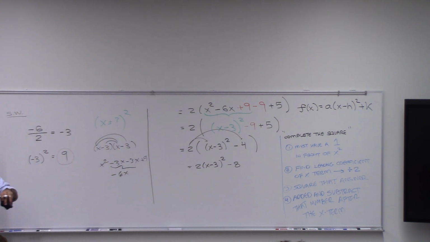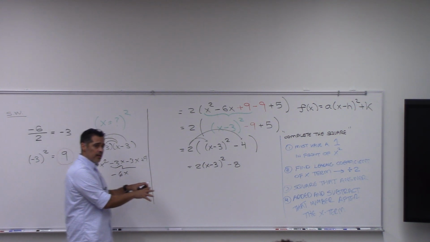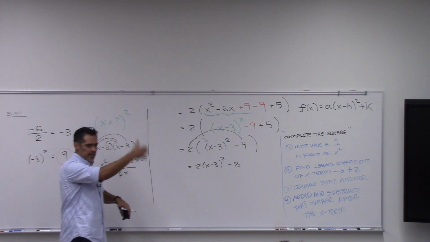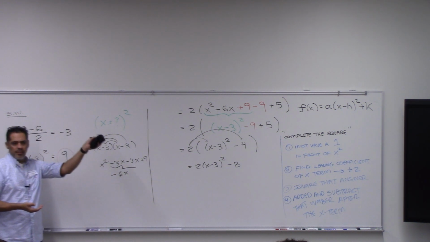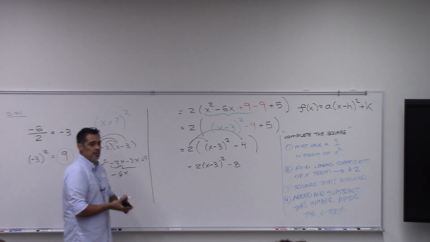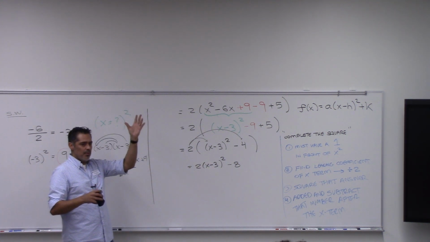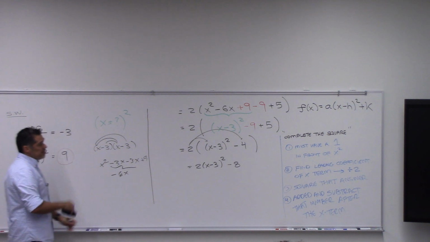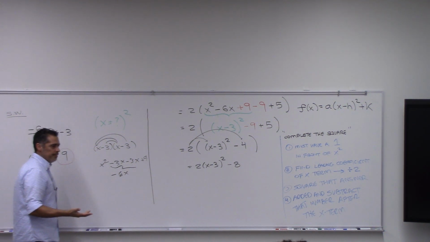What's important here is for you to see the technique of completing the square, because in later classes, you're not trying to convert something from standard form to vertex form. You're trying to use this method to break something apart in the middle of another problem. So yes, there might be another way we could get to it, but the technique is the important thing here.